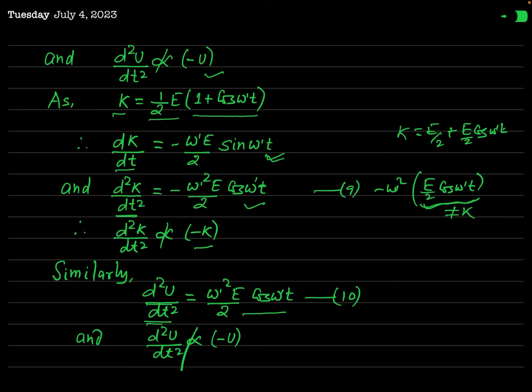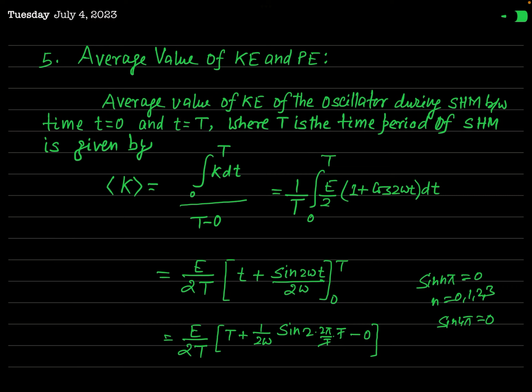So finally, we can conclude that in simple harmonic motion, the kinetic and potential energy of the oscillator vary periodically with time, with a period just half of the period of simple harmonic motion, or with a frequency twice the frequency of simple harmonic motion. But this variation of k and u is not simple harmonic. Itself k and u are not simple harmonic. I think this fact is now very clear to you. This is a very important fact for your objective questions.